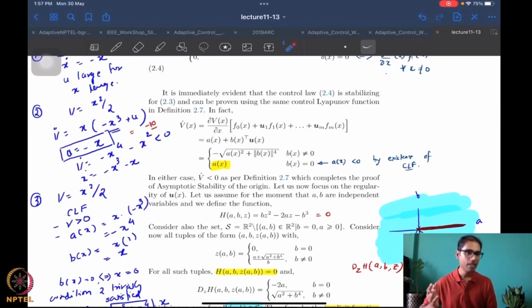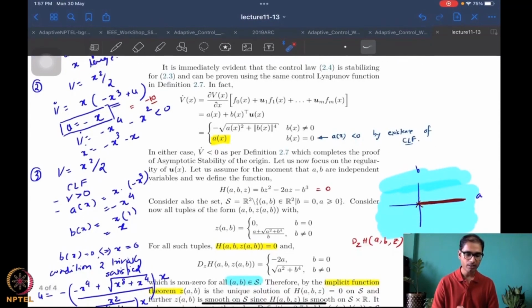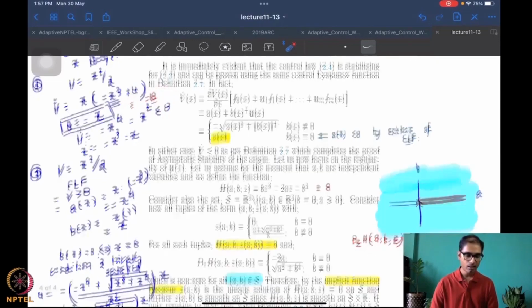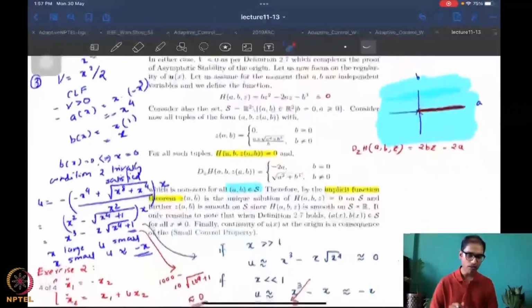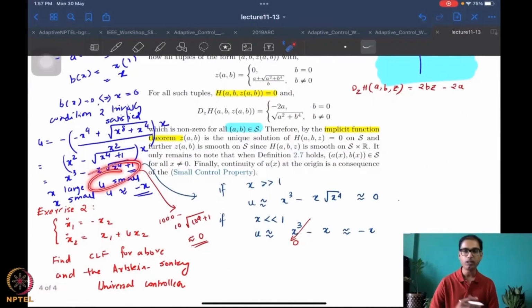That's also another choice. So for the same V, I can get multiple choices of control designs, with different properties of course. In this case, we saw that u equal to minus x is larger in magnitude, depending on the state, but what I got from the Arnstein-Sontag formula is very small in magnitude for large states. So that's rather nice. All right. Excellent.